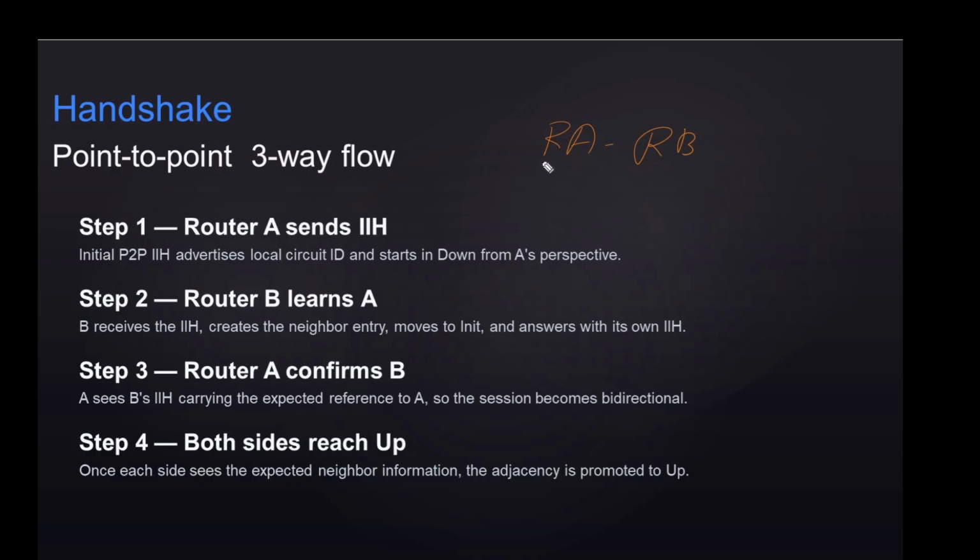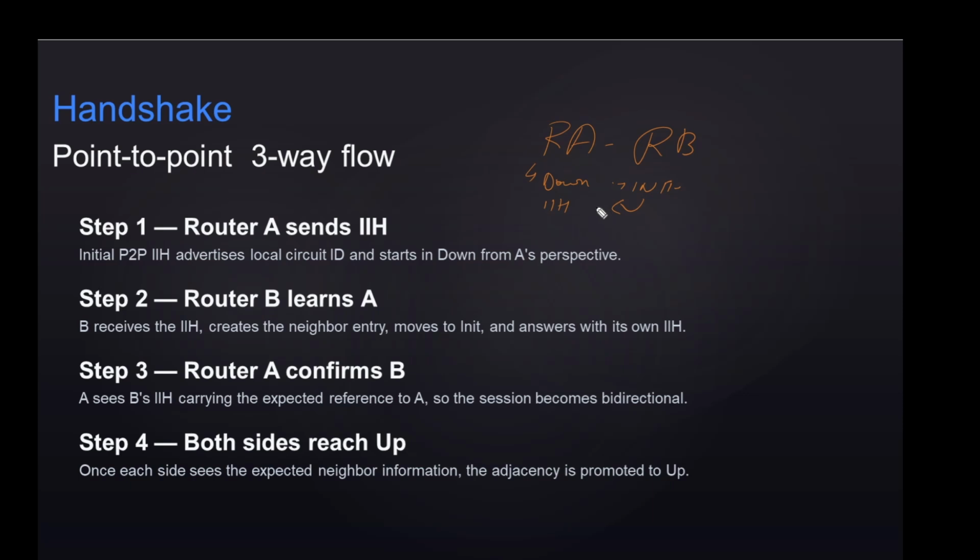Currently router A is in the down state, as that is the initial state, and router B now receives the IIH from router A, creates the neighbor entry, then moves to the init state and replies with its own IIH towards router A.